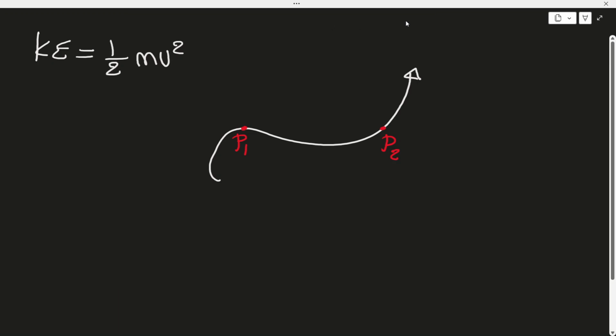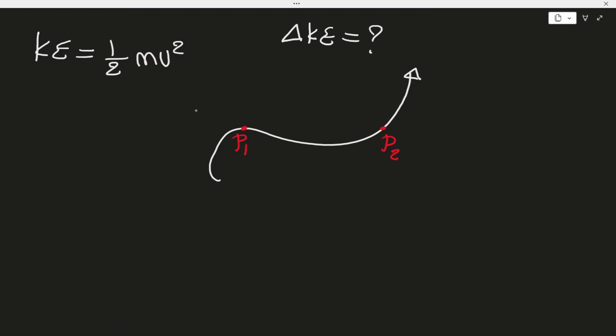Now we are interested in what will happen to the kinetic energy when the particle travels from P1 all the way to P2. That is, we are interested to find delta KE. What is delta KE? To find delta KE, we have to do some mathematics. First of all, let us take the time derivative of the kinetic energy.